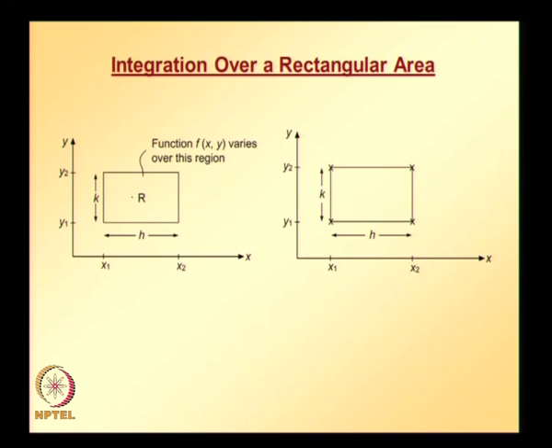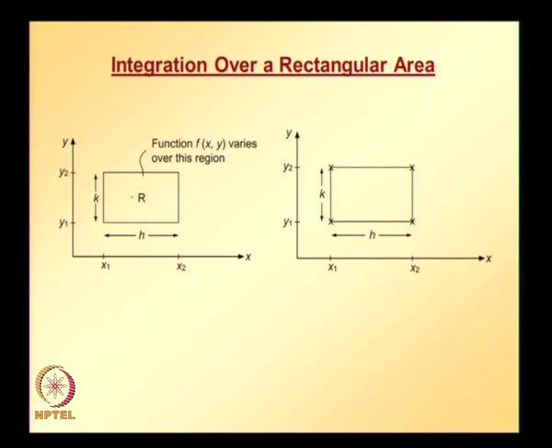The integration points are actually located at the corners of this rectangular area, and the distance between these integration points along x direction is h, the distance between the integration points along y direction is k.